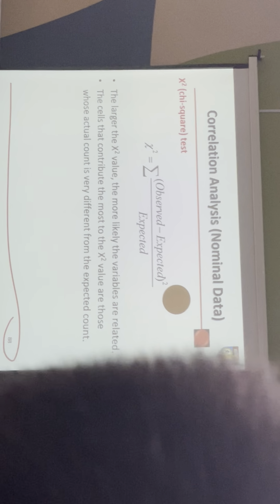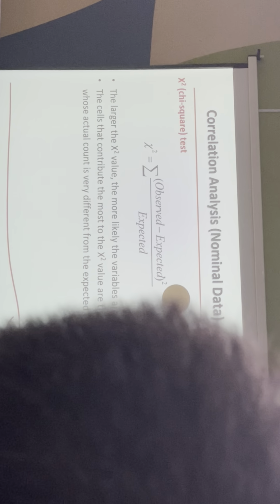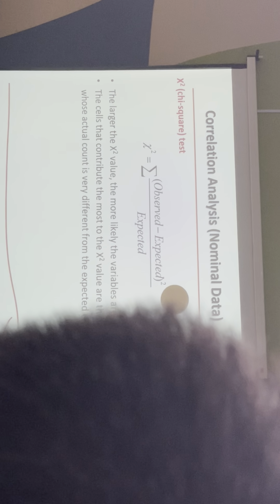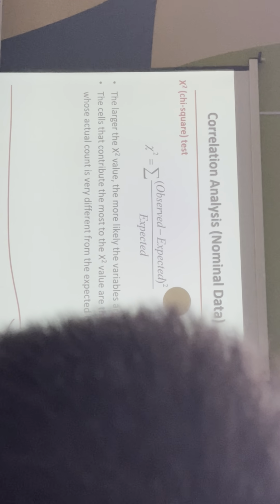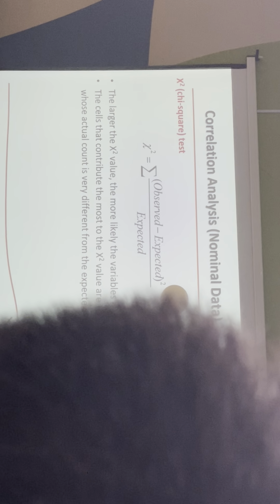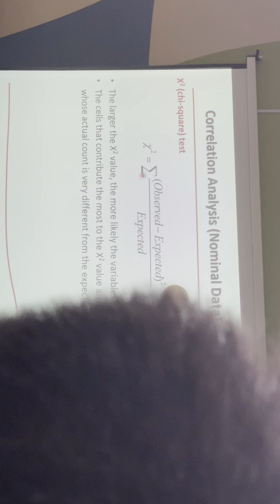So we have another method that you can use to identify categorization. For example, you can use the chi-square method. This is the standard formula: observed value minus expected value, squared, divided by expected.